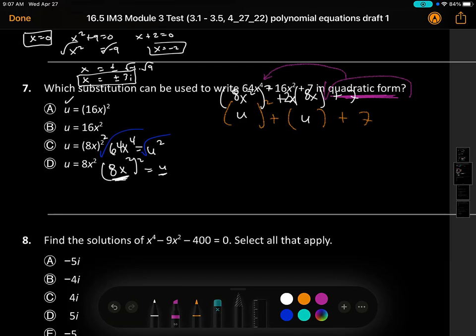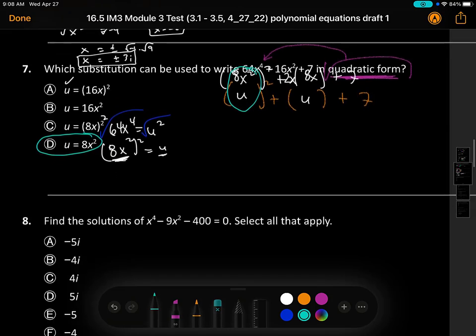But I wanted to show you how I got the u value. And the u value is 8x squared, which is choice D. So they're not asking you to solve it or do anything like that. And then you just go about factoring u squared plus u plus 7, which you cannot do by factoring.